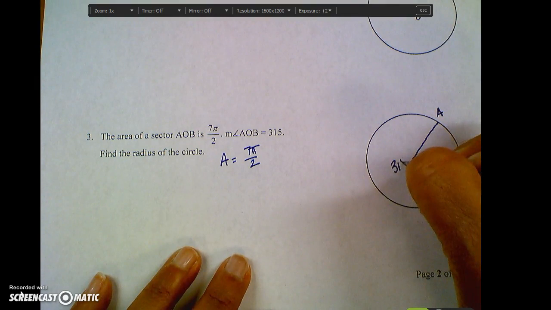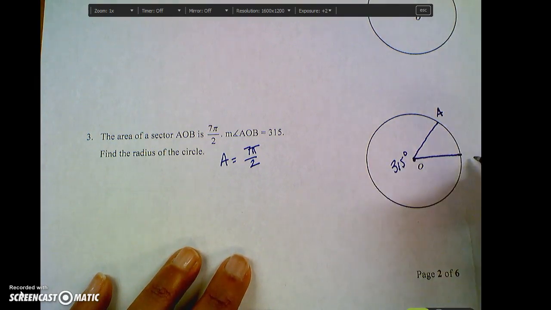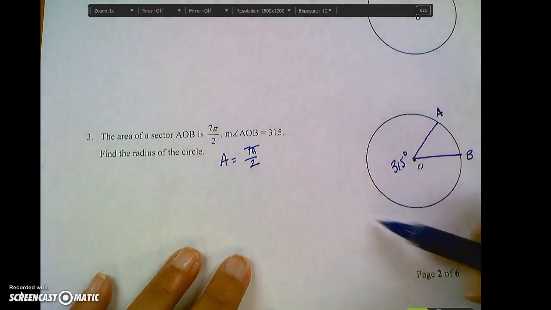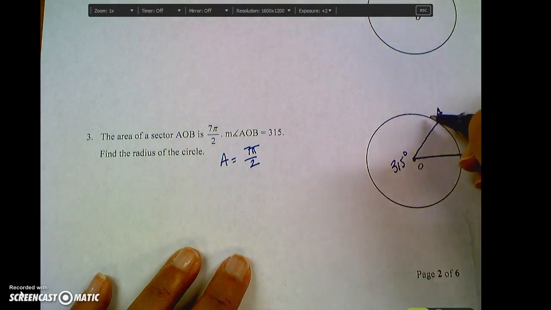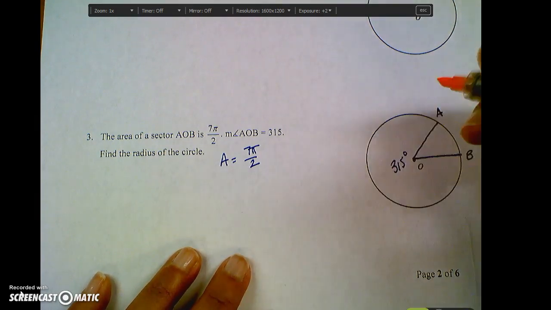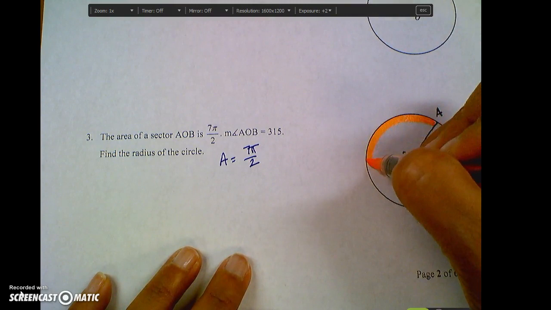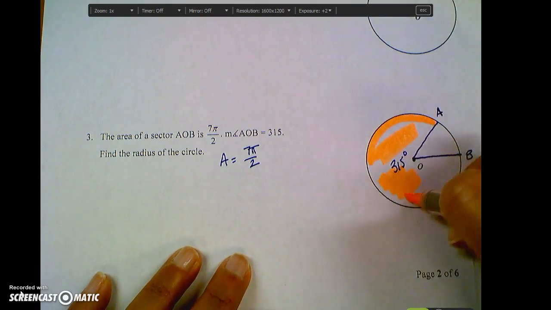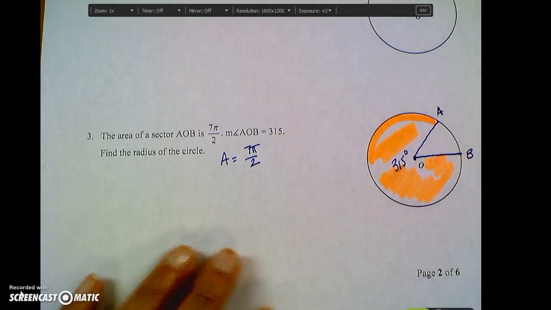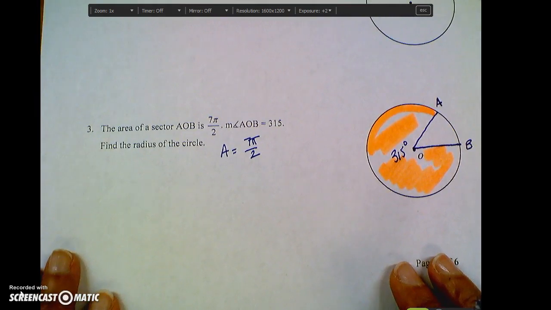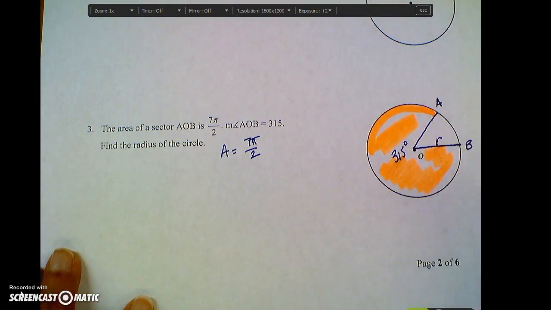That'd be this giant part here. Okay? So this giant part is 315. The sector that I'm looking for, that I have the area of then, would be this entire orange section. And I'm just going to go ahead and apply my formula. Oh, I'm being asked to find the radius of the circle.